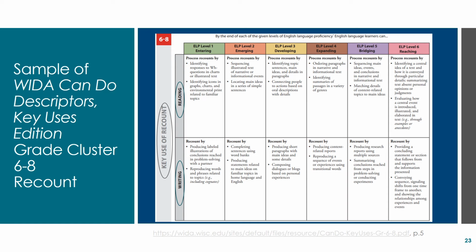These are really tasks or skills that need to be developed by all students, including activities in which students have to use language to, for example, match details of content-related topics to main ideas. That is something that all students need to have an opportunity to do. So that is why we really push very hard to look at these skill sets for all your students.